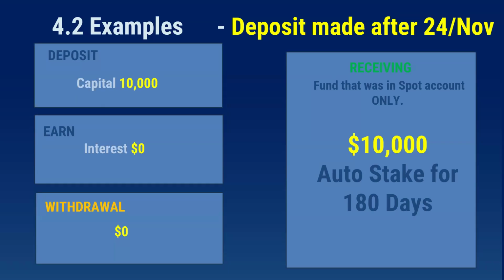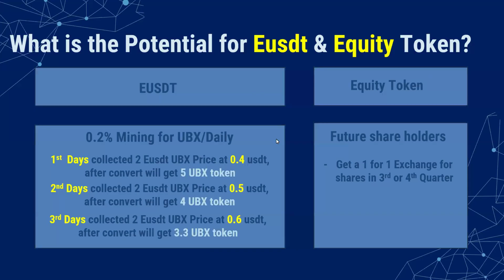Okay. So I'm going to tell you more about the potential for EUSDD and equity token. EUSDD, for example, gives 0.2% mining of UBX daily. So first day, second day, third day will be the same. Every day you'll be collecting. For example, if you have deposited 1,000 USDD, you'll be collecting 2 USDD every day.